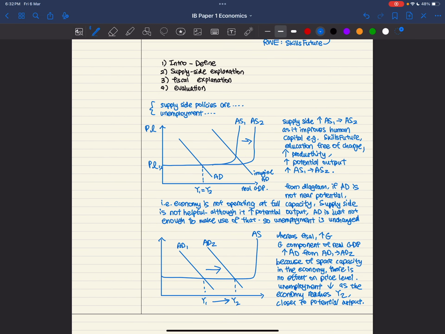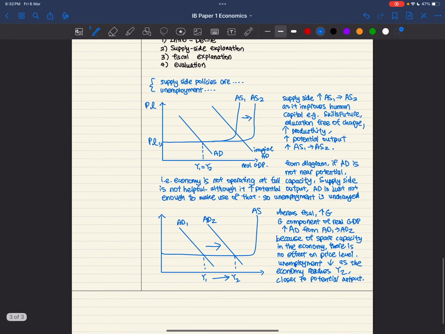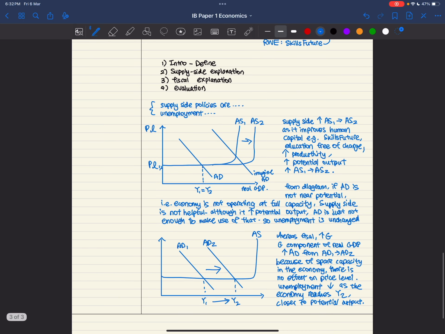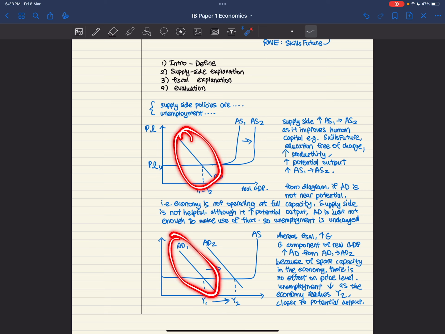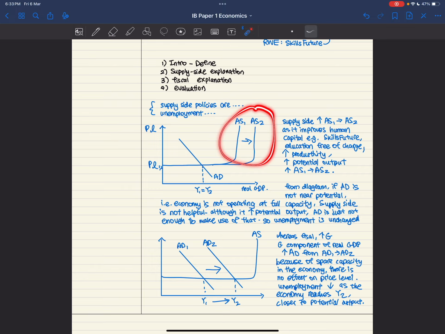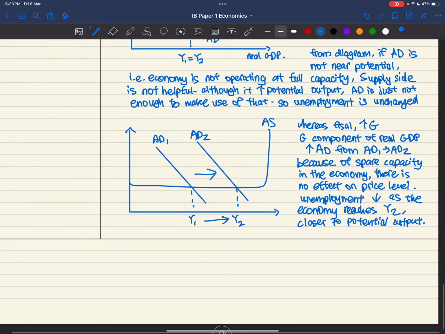How do I evaluate this? Well, what's my main argument? Let's look at the supply side. Let's delete this. I'm saying that imagine the economy is in a place where there's a lot of potential, so it's not operating at maximum capacity. I'm saying that fiscal is a better move than supply side. So we can just write that down first.